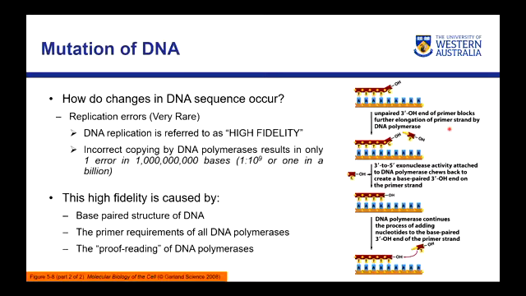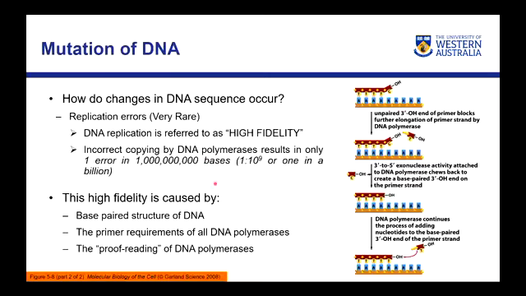So how do changes in DNA sequence actually happen? Well, replication errors are actually very rare. This is why DNA replication is referred to as high fidelity. The incorrect copying by DNA polymerase results in only one error in 1 billion bases, or 1 times 10 to the 9.